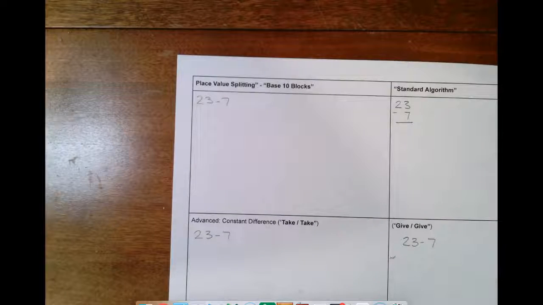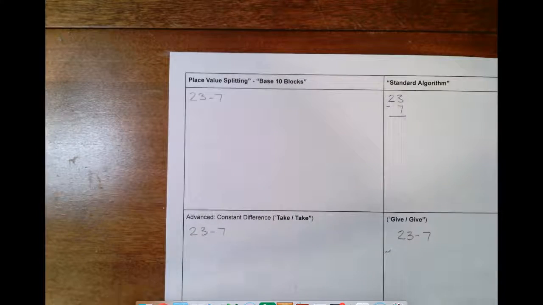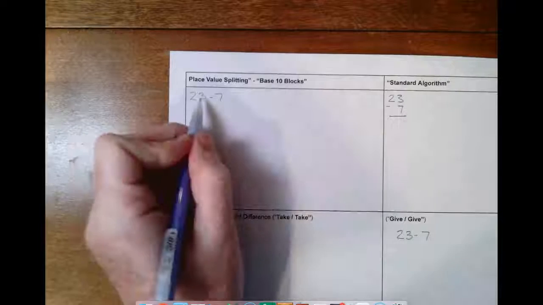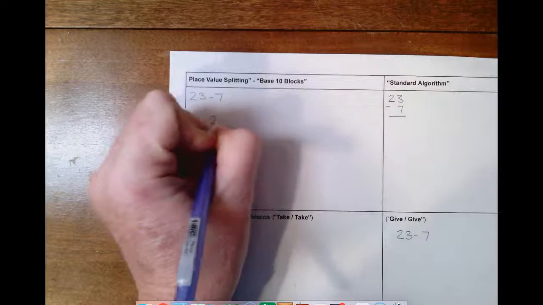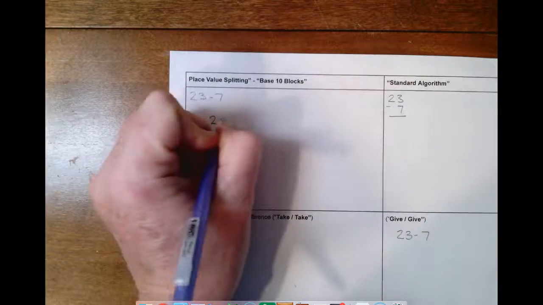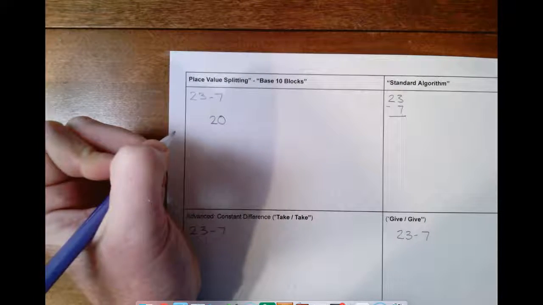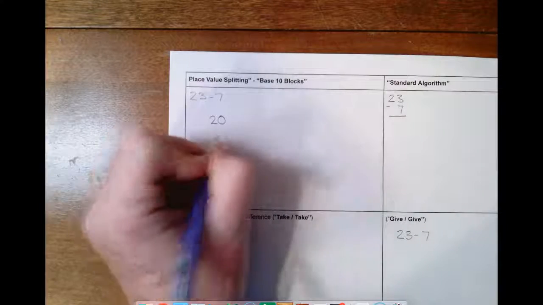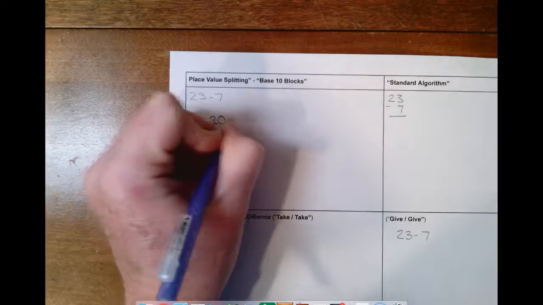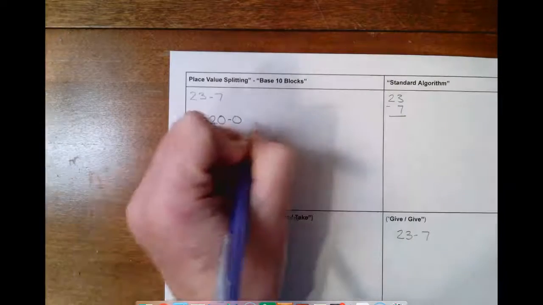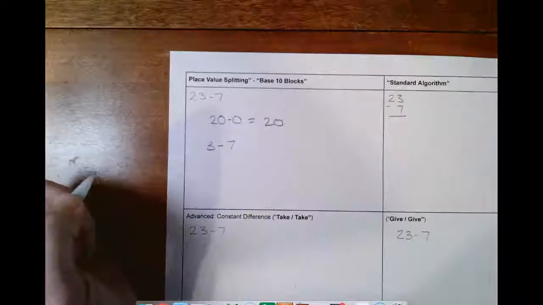Okay, place value splitting. Now this is a little funky. Place value splitting, we've got 23 minus 7. So let's go ahead and do this. We're going to split it up into 20, and we're going to take 3 minus 7. And this has no place value, so it's 20 minus 0. Well, 20 minus 0 is 20, right?